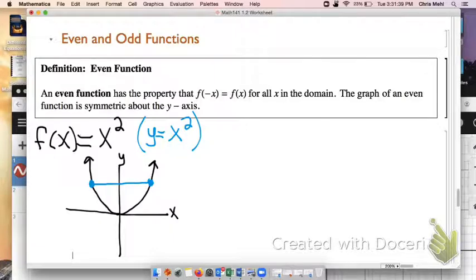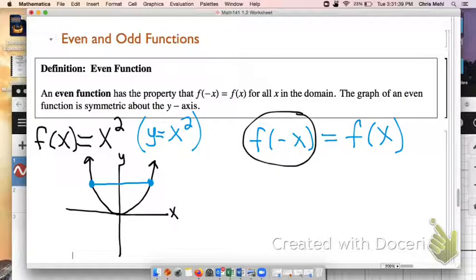Okay, now an even function says that f of minus x equals f of x. Now, let's think about what that is saying. Both of these function notations correspond to points on the graph. This is saying that minus x comma y is on the graph.